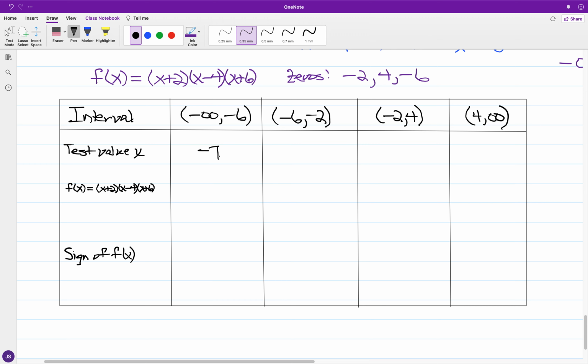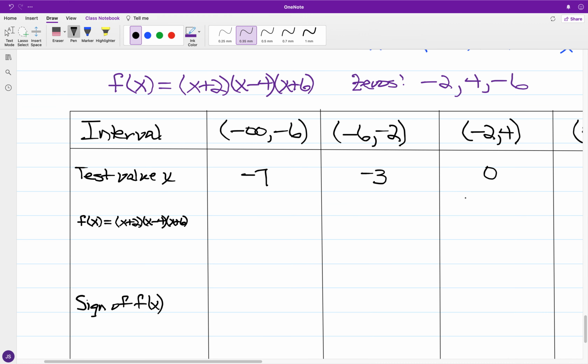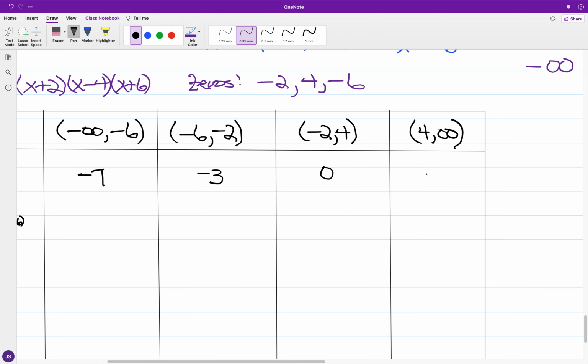Between negative 6 and negative 2, we can go with, say, negative 3. Between negative 2 and 4, 0 is a possible choice. And for anything greater than 4, 5 is a possible choice.